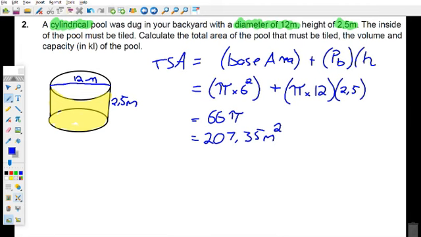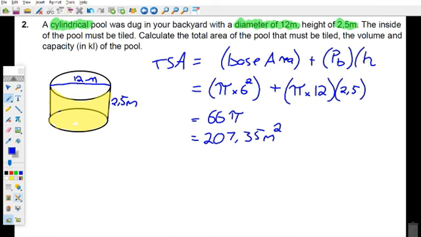Oh, so you got 230 and 226 or something. That's something weird. You square the 6. 6 times 6 is? 36, yes. Okay, so I just put 36 in my calculator. So that's my area.